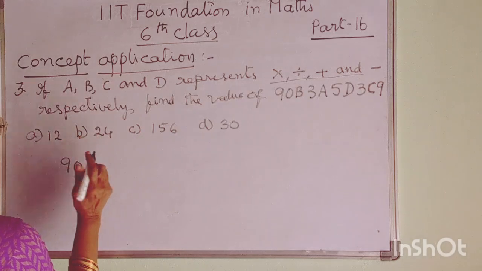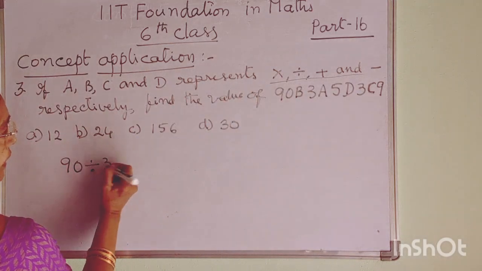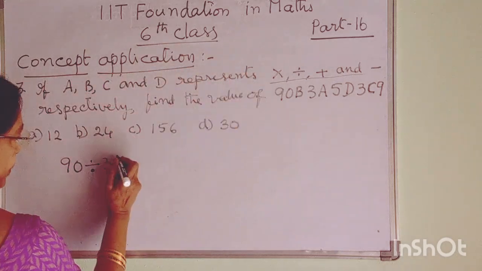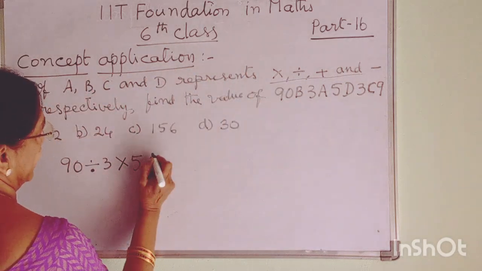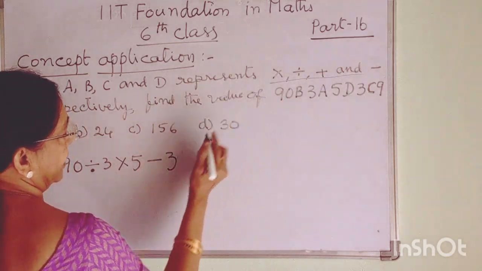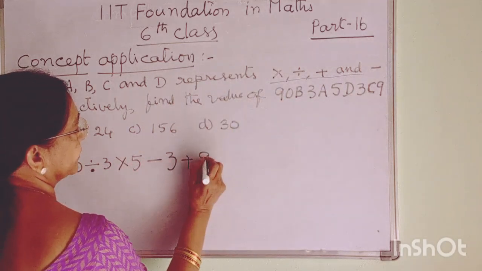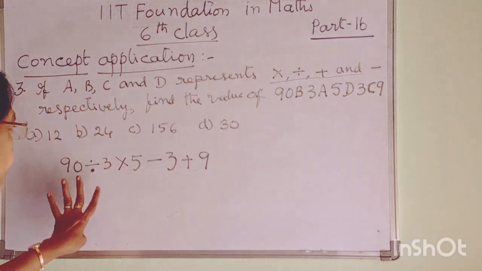Therefore, 90 divided by 3, into 5, minus 3 plus 9. So, substituting the signs for A, B, C and D, we got this.